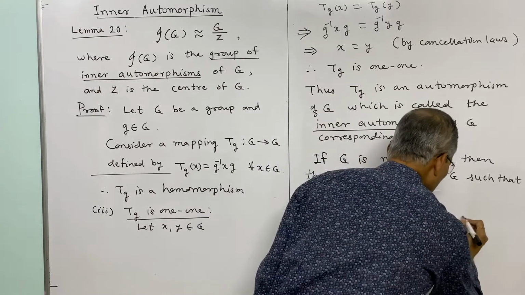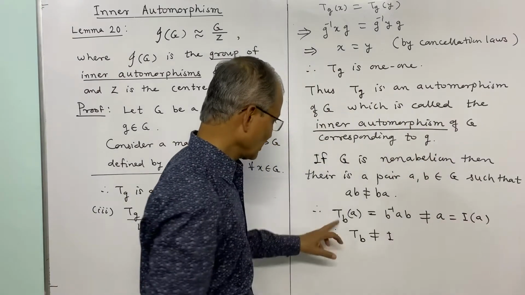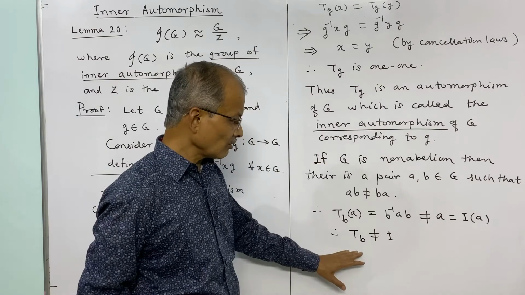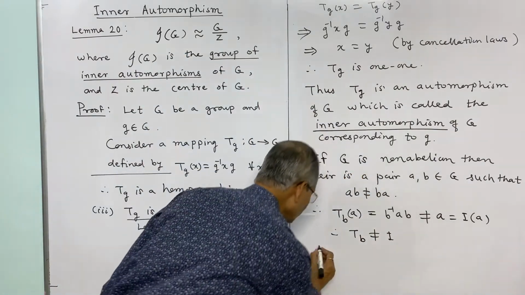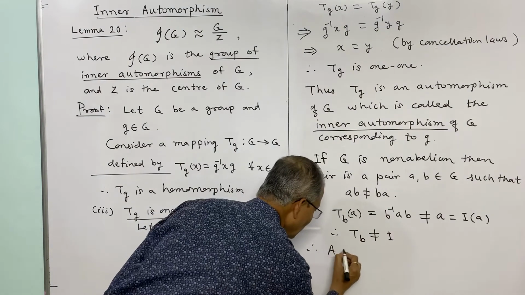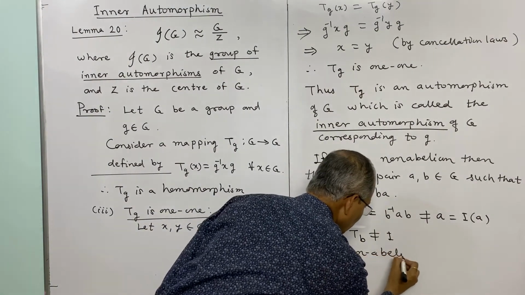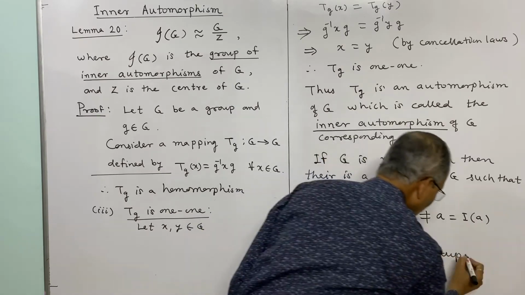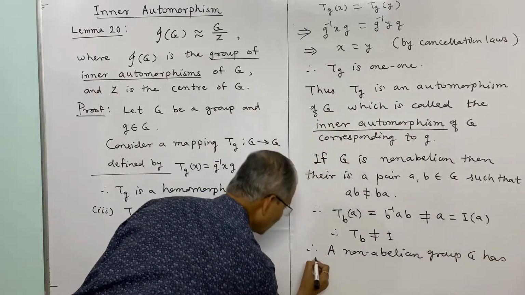A is I of A, so Tb is not equal to I. Therefore a non-abelian group G has a non-trivial automorphism.